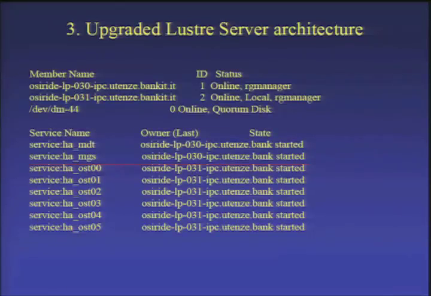And here we have the distribution of the services on this other cluster. On the two nodes 30 and 31, we have a different situation, because on the 30 now we have only the MDT, the metadata target, and the meta management server, and on the 31 we have 6 OST.